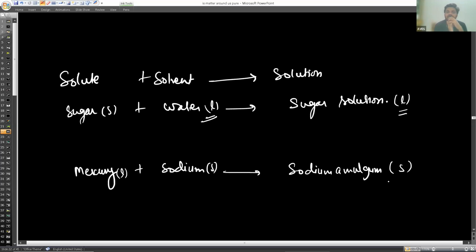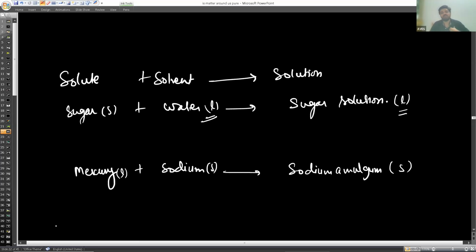Yes, Mercury. Which is the solvent here? Sodium.